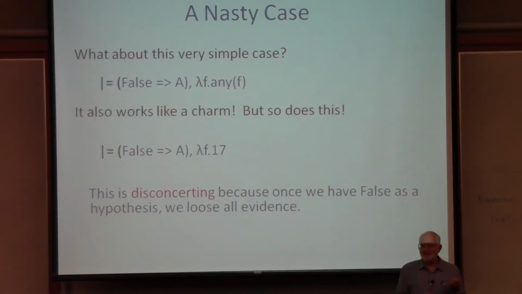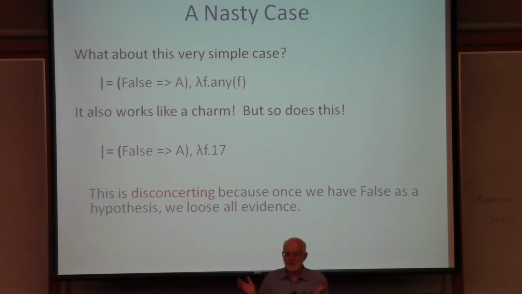So do you get this? See why this is possible? So there's something screwy going on about the evidence. If you ever get into a position where you've stuck false in as a hypothesis, then you can write down nonsense as your realizer. So this screws up our whole plan, right?